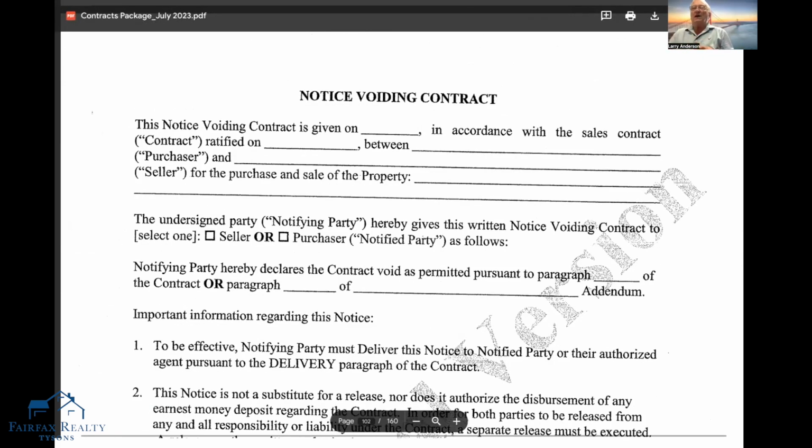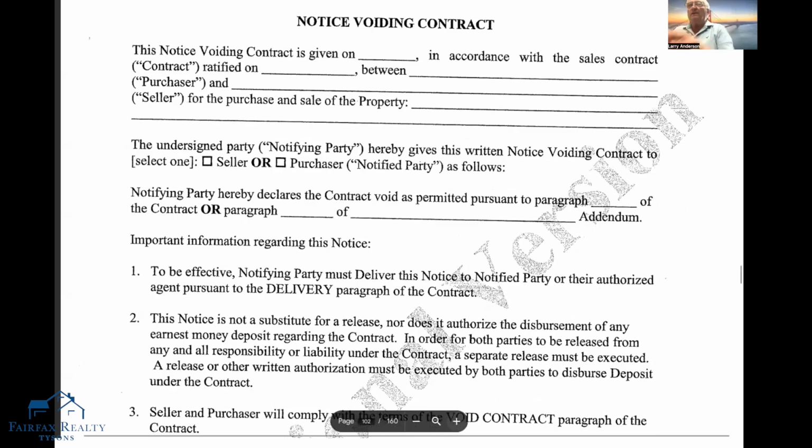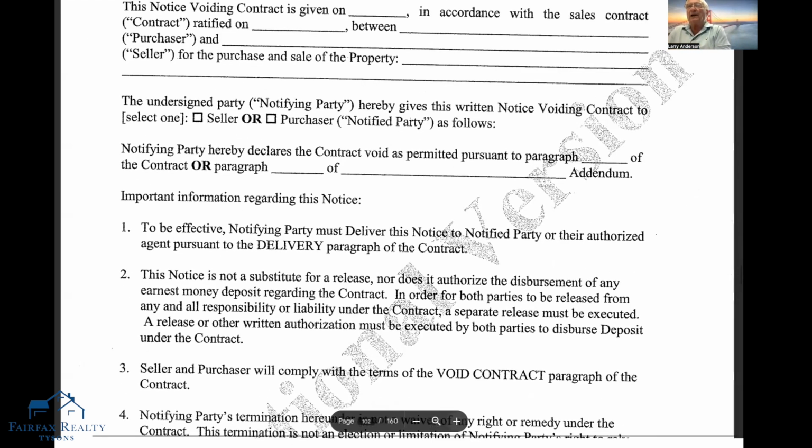Anytime your contract calls for a notice to void, home inspection, radon, any of those inspections, or POA or condo, you have to use a notice voiding the contract. This form is perfect for that. Notice voiding the contract: the undersigned parties hereby give written notice voiding the contract to the seller or purchaser as follows.